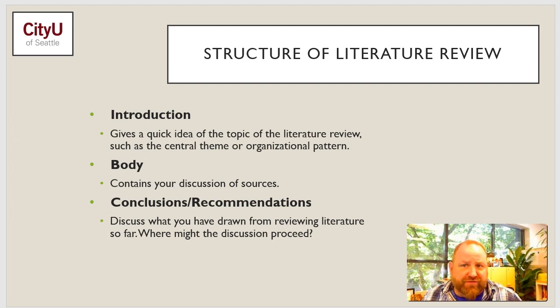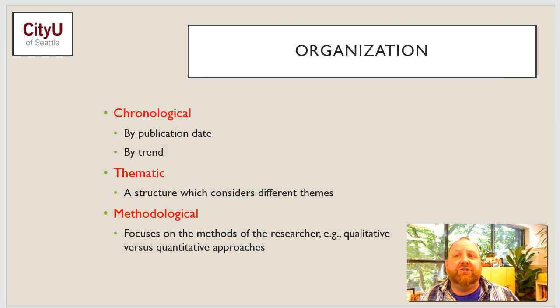Typically, a literature review is basically an introduction, the body of the literature review, and then conclusions or summaries. It's really that simple. How you put a literature review together, though, there are hundreds and hundreds of different methods, but typically you see three that are the most common, and that's chronological, which is like a historical literature review where you go over the literature over the period of time.